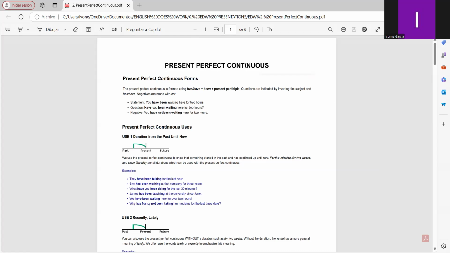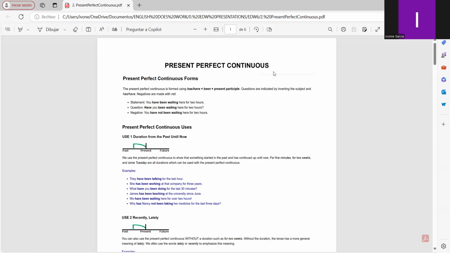And we are also using the continuous. So for the main verb, we need the present participle. That is the ing form. Because this is present, and this is perfect, and is continuous. Remember that the continuous tenses use an auxiliary too, and that auxiliary is the verb to be.